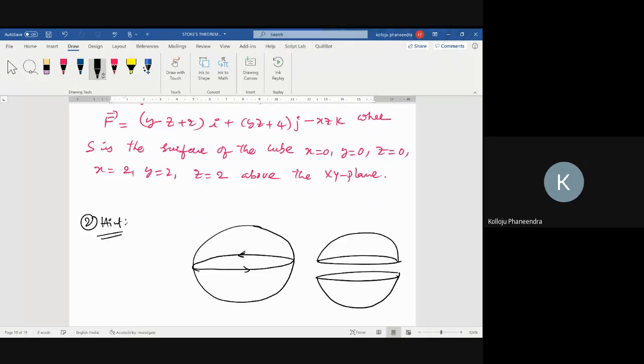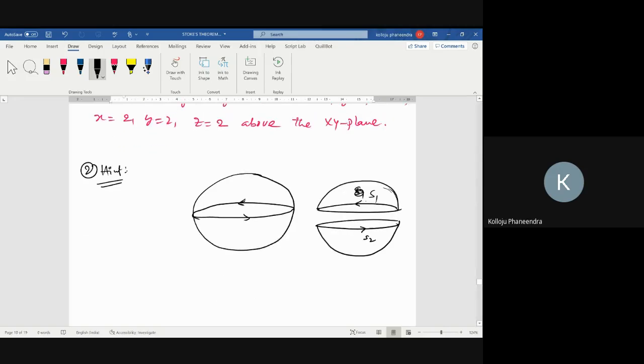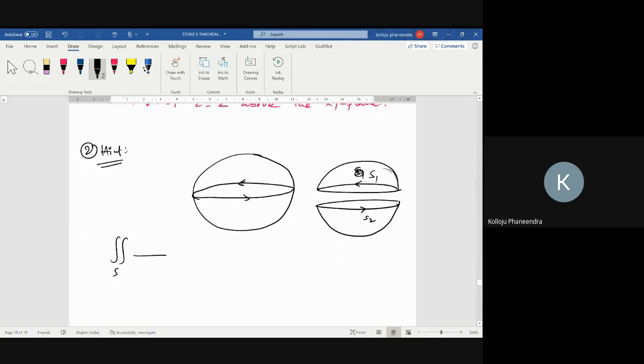This now becomes open surface S1 and surface S2, with one direction each. So you write: double integral over S of curl F bar dot n bar dS equals del cross F bar dot n bar dS1 plus the same thing over S2, dot n bar dS2.